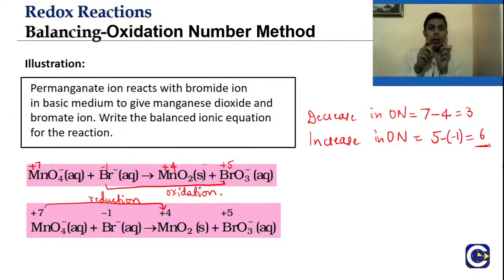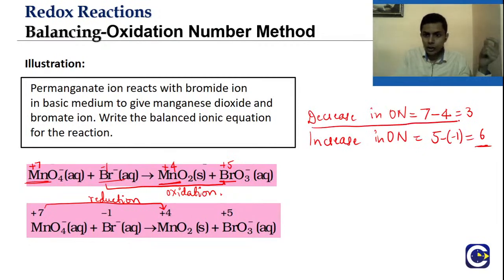Now, is there only one atom of each entity in the oxidation and reduction? Yes, right? In MnO4 manganese is only one atom, and even on the product side it is only one. Br is also one, and Br in BrO3 minus is also 1. So now the decrease in oxidation number, that is reduction, is 3, and the increase in oxidation number, oxidation, is 6.